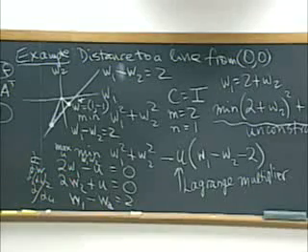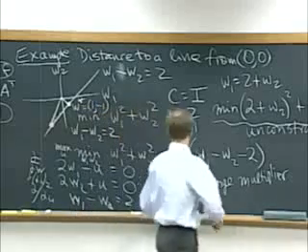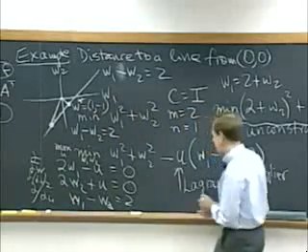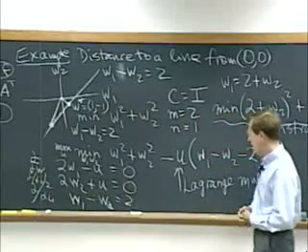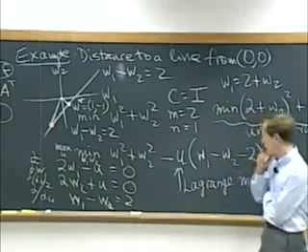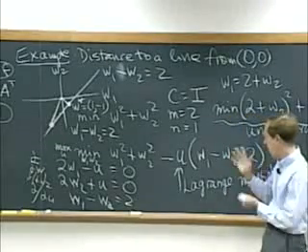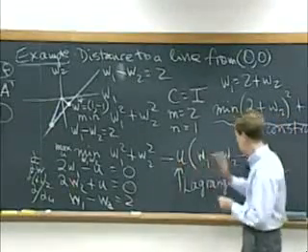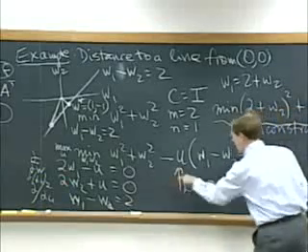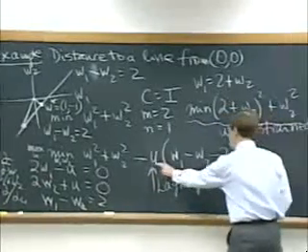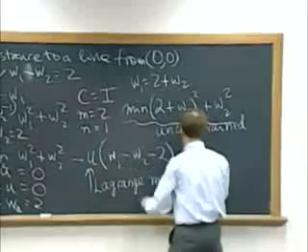Yes? Oh, yes, let's see. I think it's okay, but I did play quick with that minus sign. So if I take the derivative with respect to U, let me do it right. There really is a minus sign.